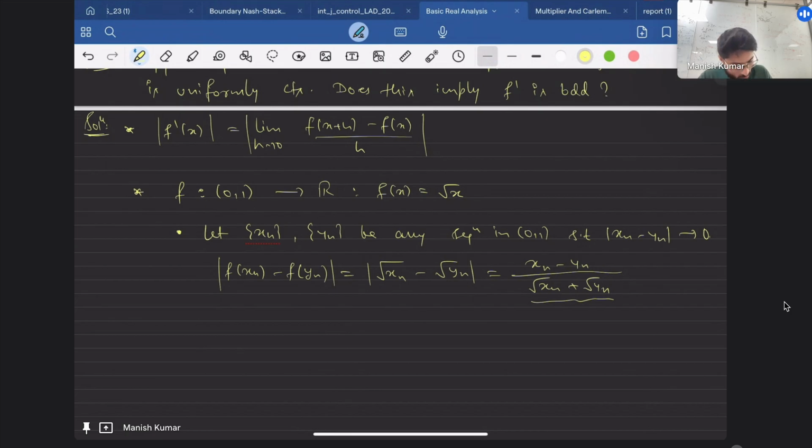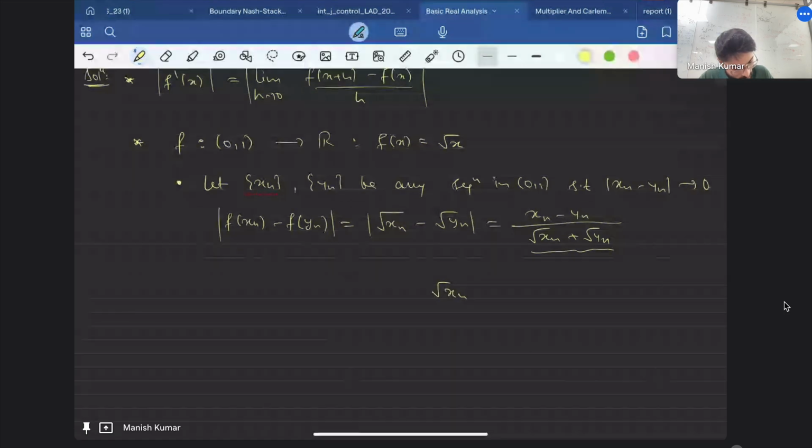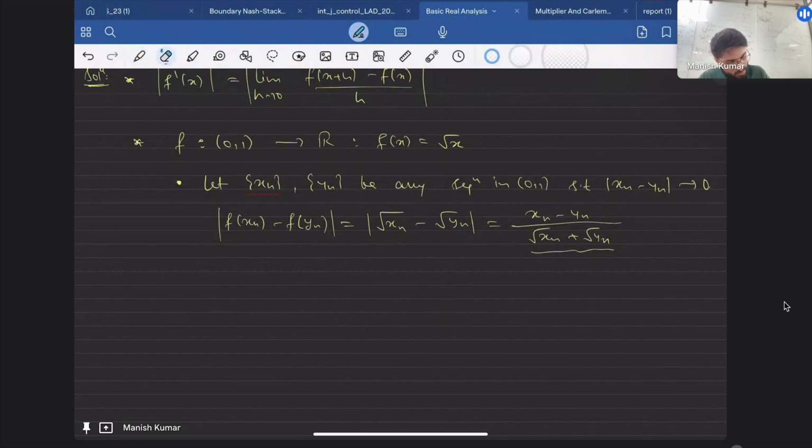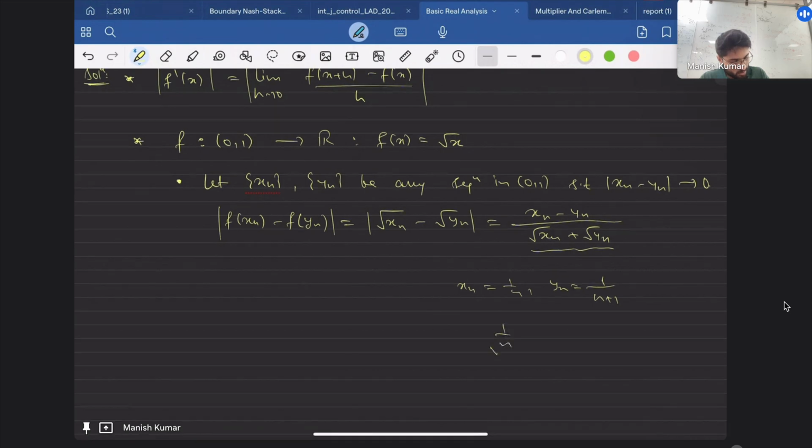What kind of inequality? Suppose I am saying let's take xn equal to 1 by n and yn equal to 1 by n plus 1. In this case, 1 by root n plus 1 by root n plus 1, this is going to 0.